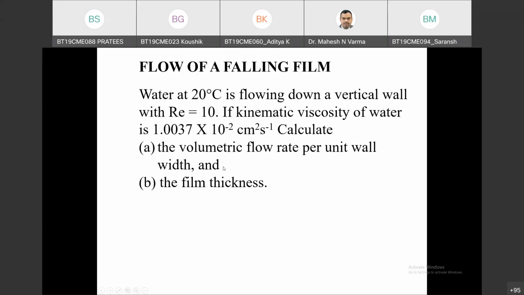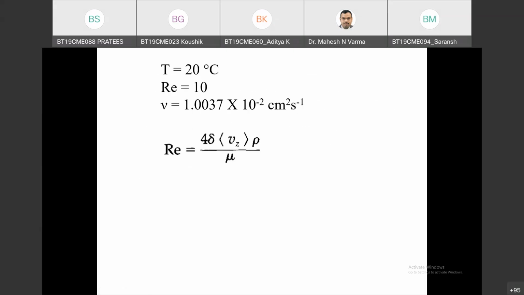Per unit width means W equals 1. So this in the Reynolds number is the mass flow rate. Rearranging this, the volumetric flow rate is mass flow rate divided by density per unit width. So that will be nu into Re divided by 4, which gives the volumetric flow rate per unit width.